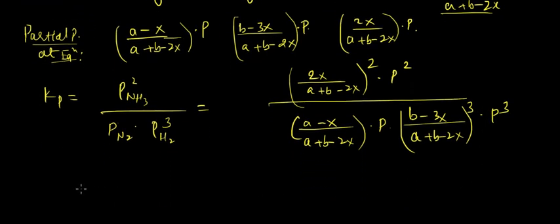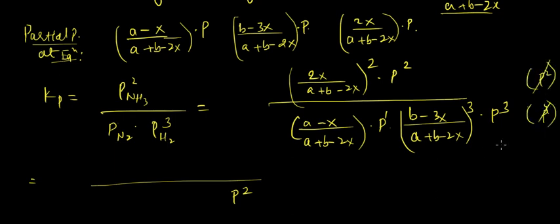So you can simplify it. After simplifying, we can see that P squared would be remaining, because here 1 plus 3 is 4, so the power in the denominator is 4 and the power in the numerator is 2, so I am just writing P squared in the denominator. Similarly, I can write A plus B minus 2X squared in the numerator. Why?